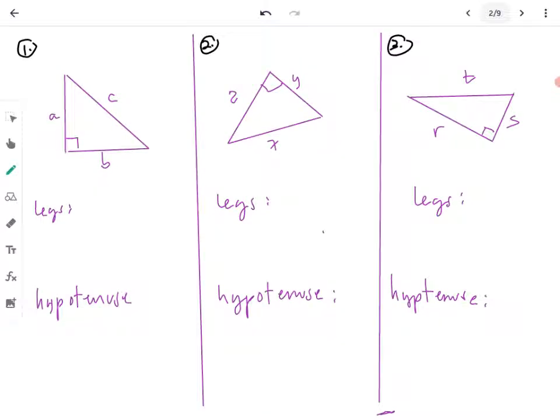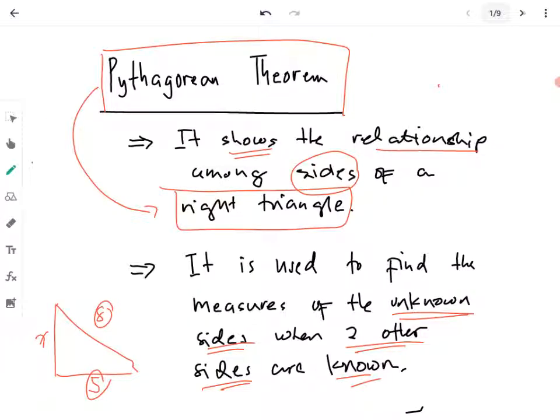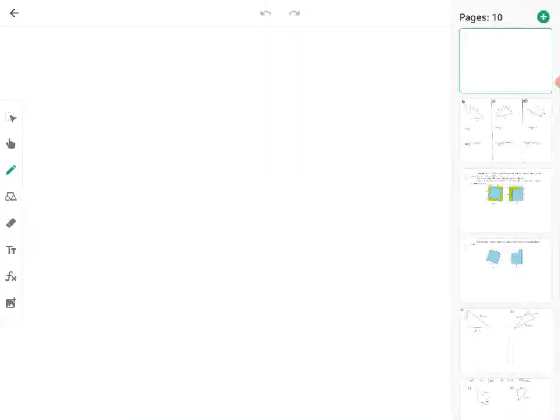But before that, let us first introduce and identify the important parts of the triangle. We have the hypotenuse first. This is the longest side in a right triangle.